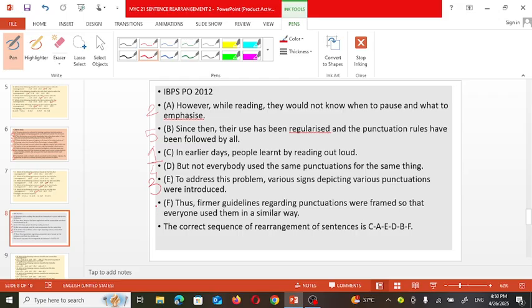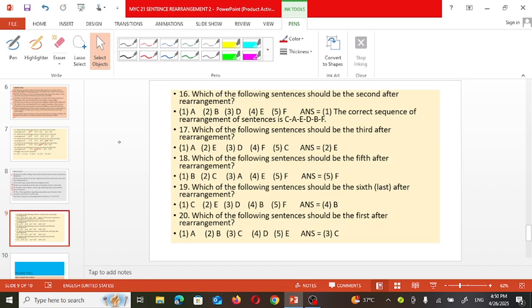And the last can be F: thus, firmer guidelines regarding punctuation were framed so that everyone uses them in a similar way. So the sequence can be like this: C, A, E, B, and then F. So like that, you need to make this sequence.